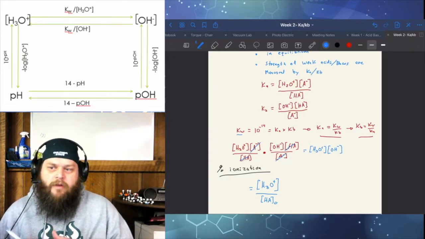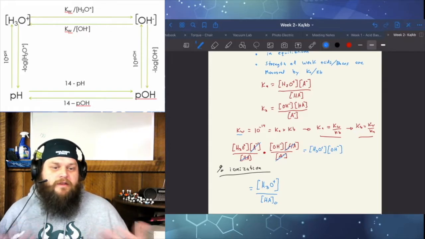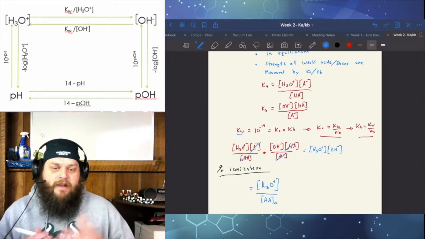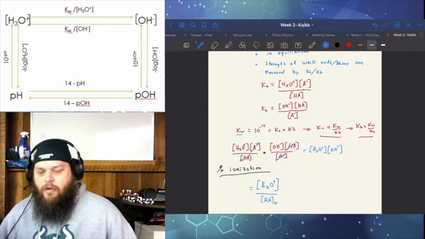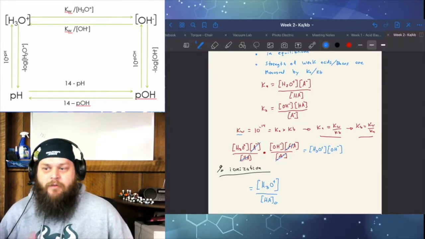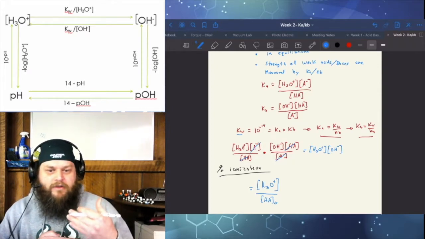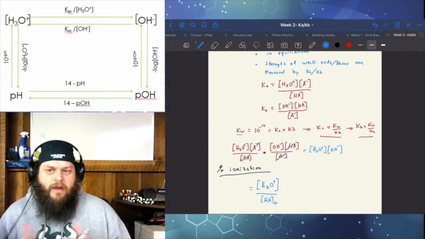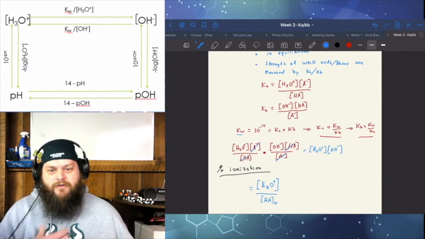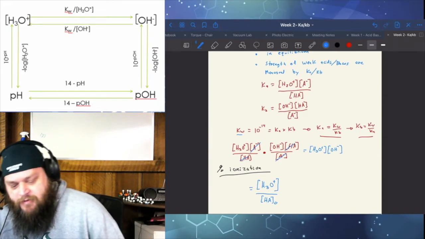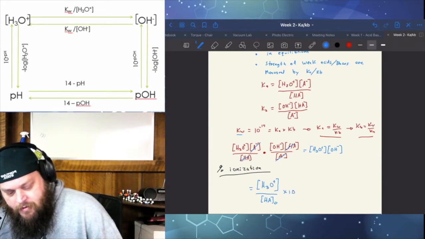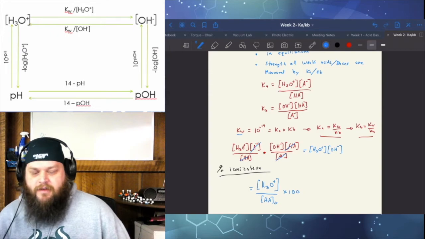So for every acid that loses a hydrogen ion, it creates that conjugate base. So what we're looking for really is that ratio of conjugate base to the initial acid, but the conjugate base should be equal to the concentration of hydronium. So that's why we can write it like this. And we're going to multiply it by 100 because it's a percent.